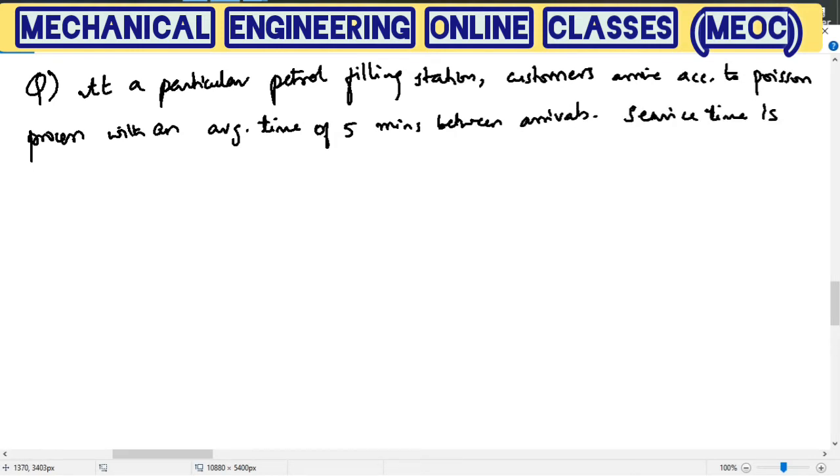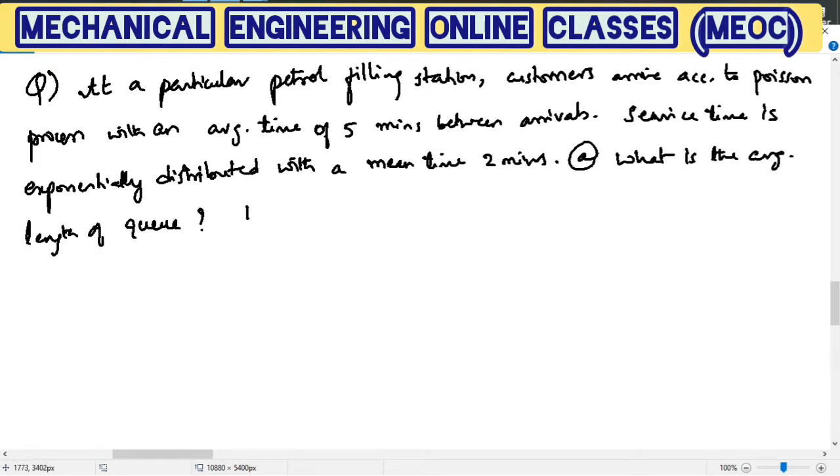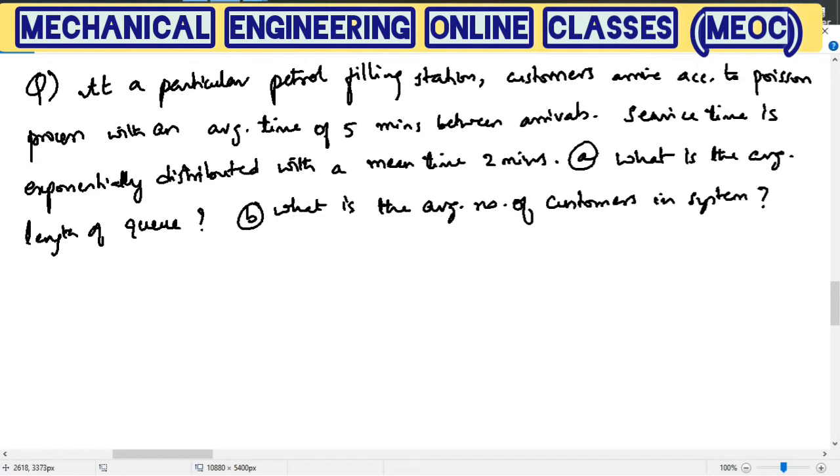Service time is exponentially distributed with a mean time of 2 minutes. A. What is the average queue length? B. What is the average number of customers in the system? How many customers are there on average in the system?